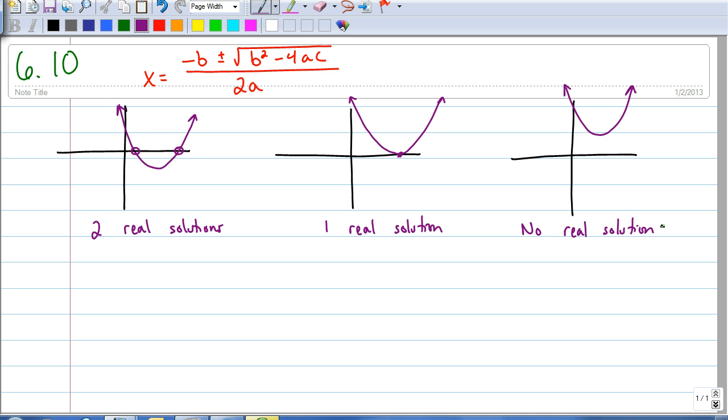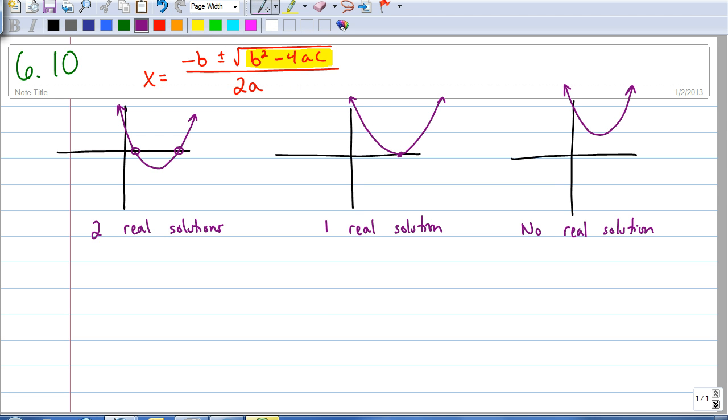Now, if we just wanted to know how many solutions an equation had, rather than having to use the entire quadratic formula to figure it out, there's a part of that quadratic formula that's going to tell us how many solutions it has. And that part is just this piece that's underneath the square root. Now notice I did not highlight the square root part.